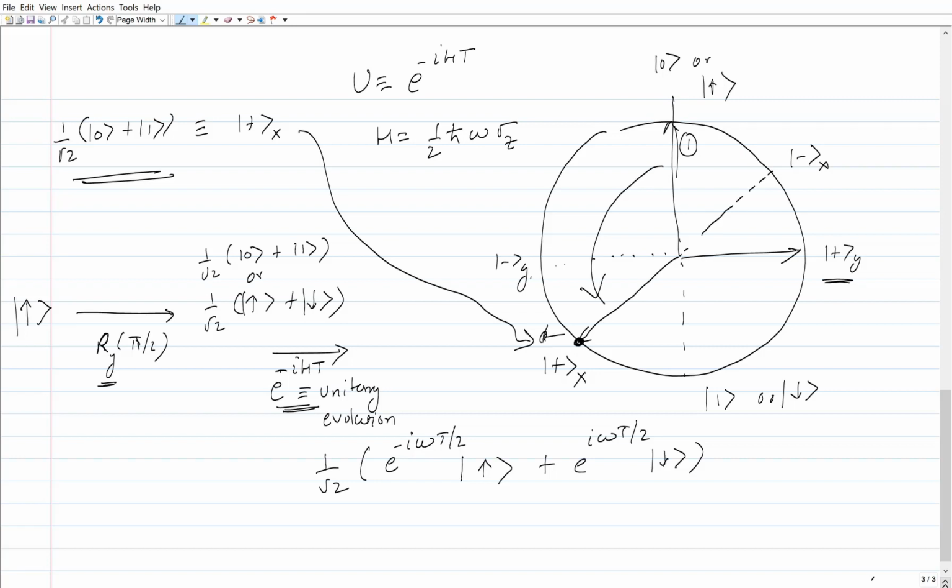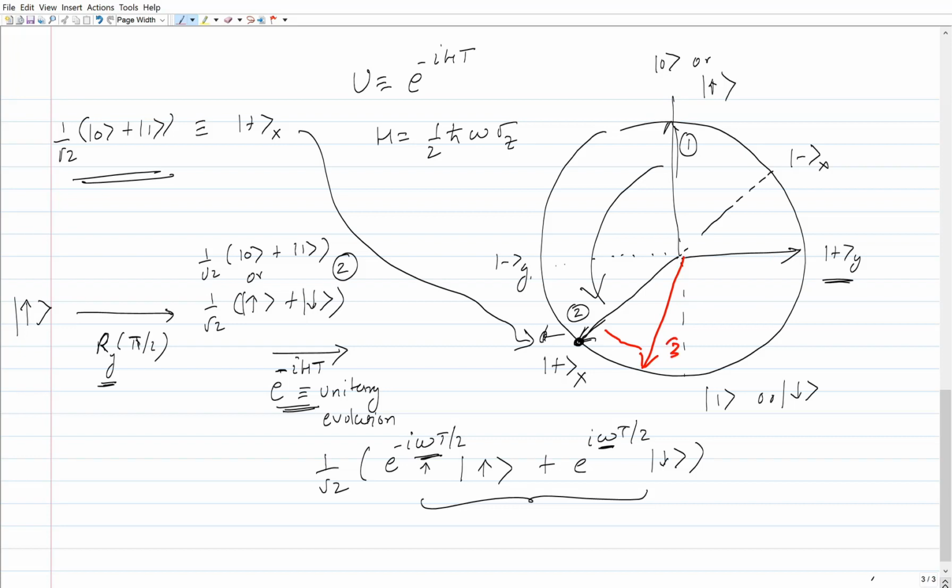Now notice I have the information about the parameter I was supposed to measure, omega, in the state. So what's happening is that my state, due to the action of the Hamiltonian, let me call it state 2, which was step 2 over here. After this rotation, my state rotates about the z-axis and picks up a phase; this is on the equatorial plane.